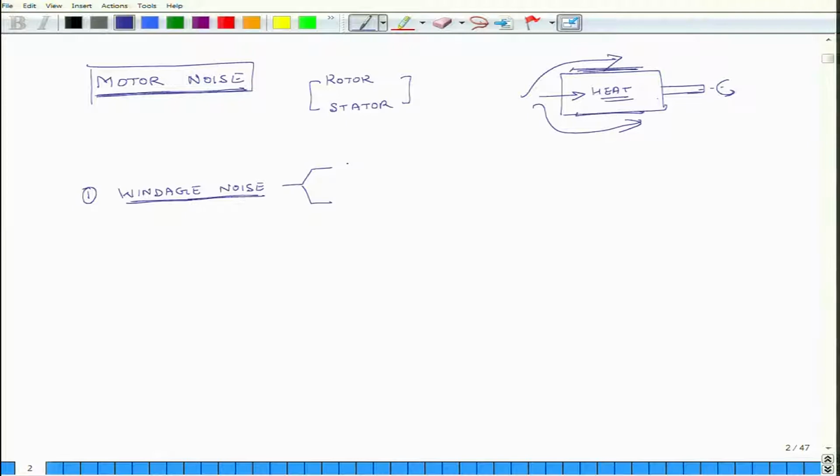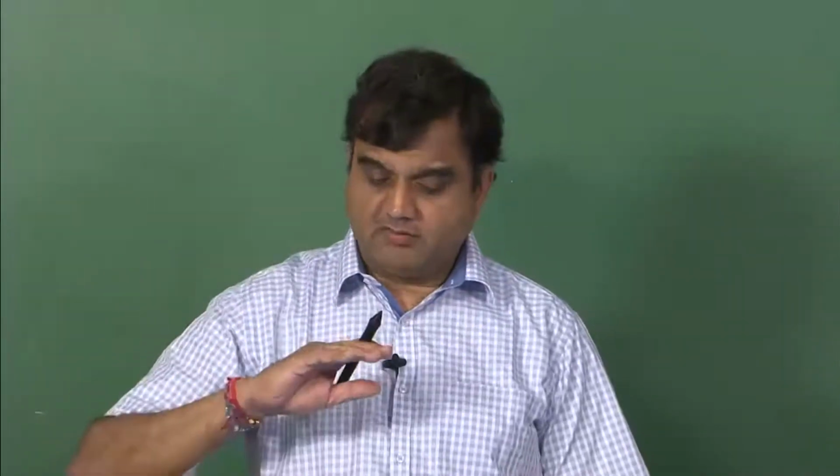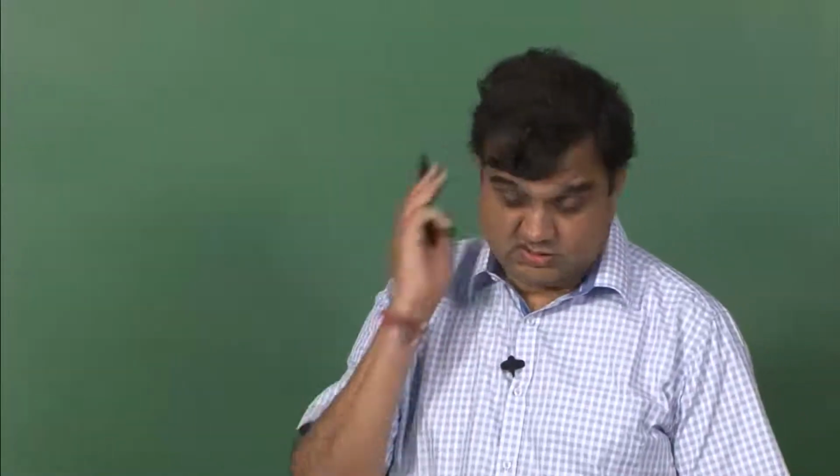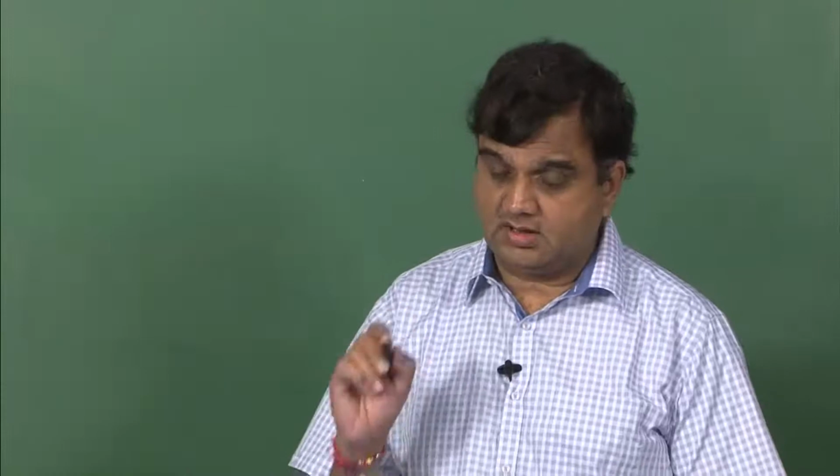Part of this noise is highly tonal in component, because each time the rotor cuts across a particular winding, it gets pushed by a certain amount. That happens at a constant frequency. So, that is why part of the noise is tonal, and then the other part is broadband.